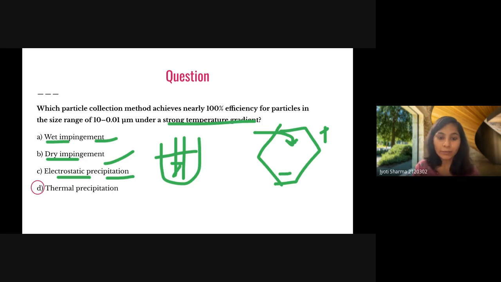I think this will give you the negative charge, and because we will have the positive charge at the surface or at the base, this is how the particulate matter will be attracted and deposited at the bottom and air will go out. So just think that we have a different charge gradient in the electrostatic precipitator by which we can collect the particulate matter. And the thermal we already have talked about, right? So D is the right answer.